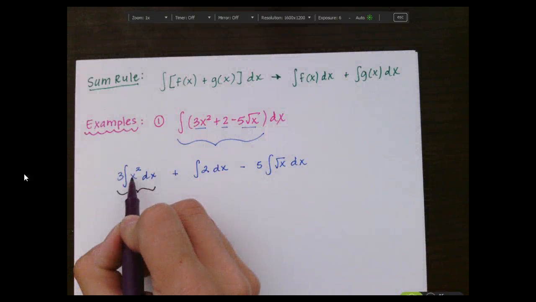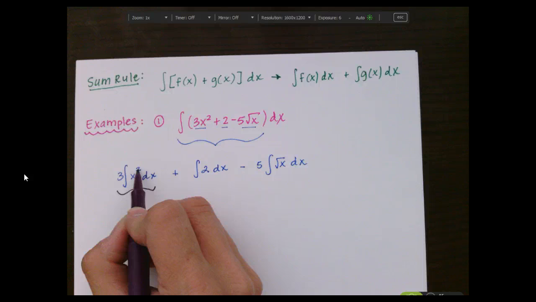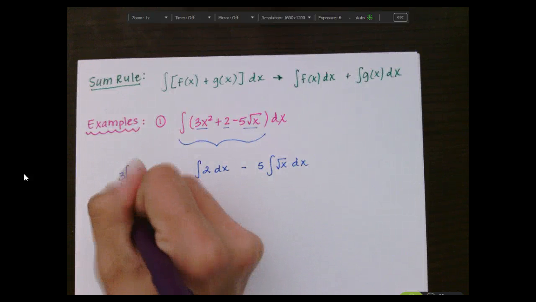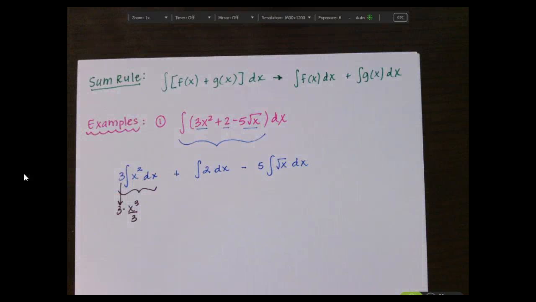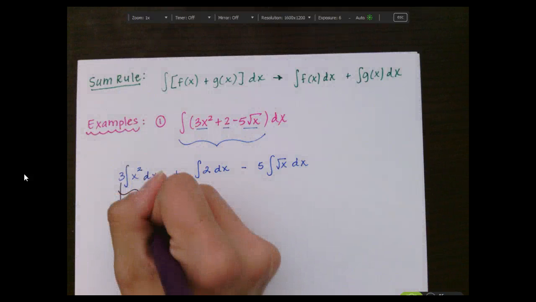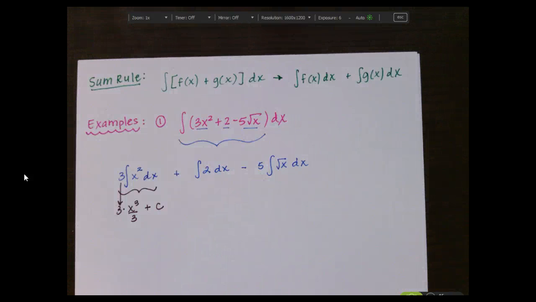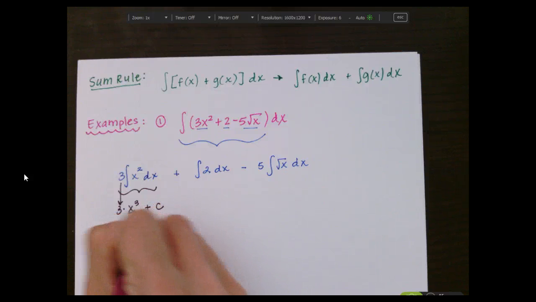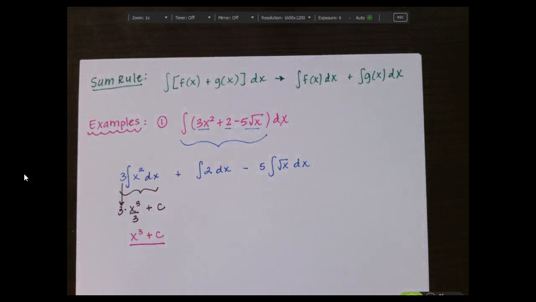I can add 1 to the exponent and then divide by that exponent, not forgetting that I also have a constant multiple of 3 here. And to that I need to add some constant c. So if I simplify that, the 3's cancel and I get x cubed plus c for my first term.